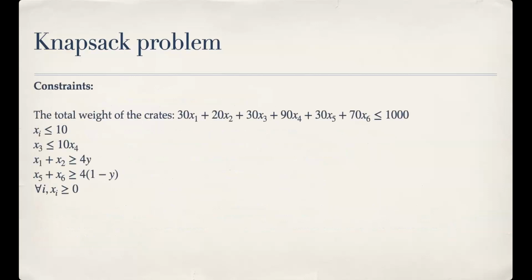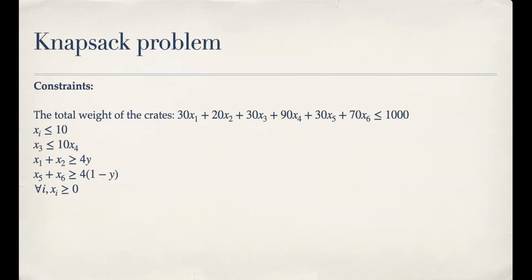We can express that idea as this: x3 must be less than or equal to 10 x4. What does this mean? x3 can be positive if and only if x4 is greater than 0.